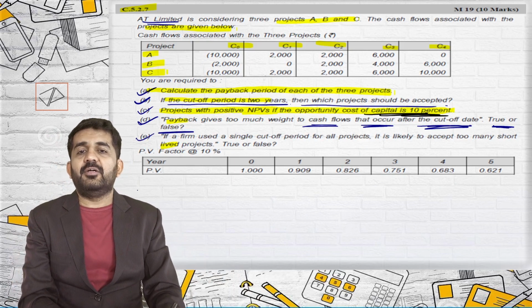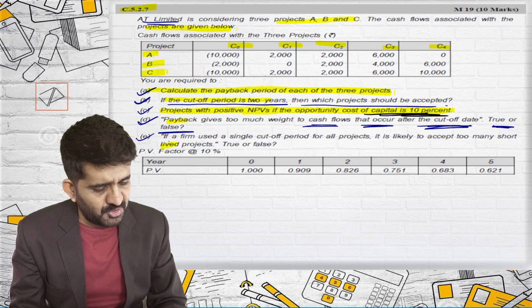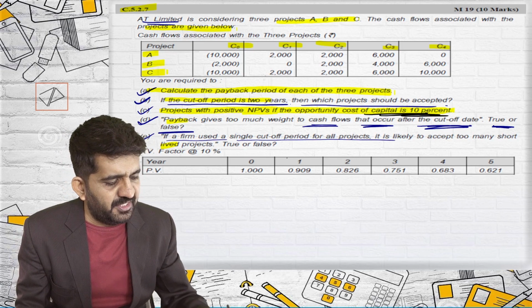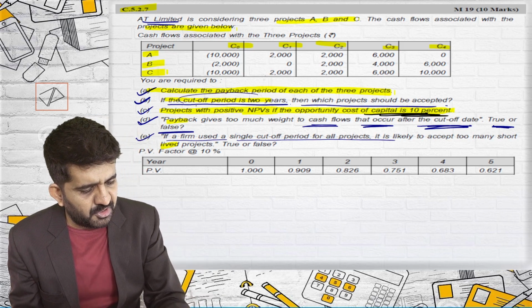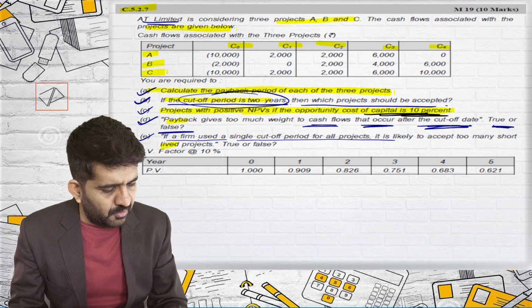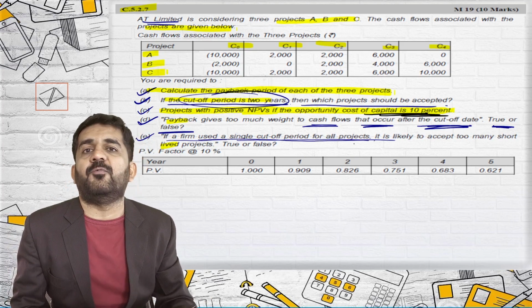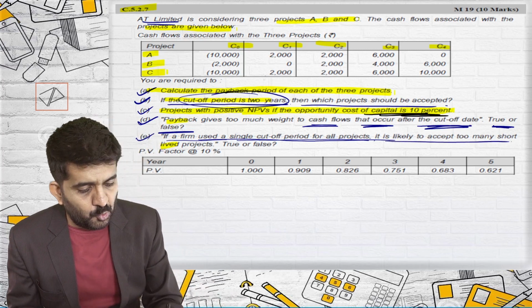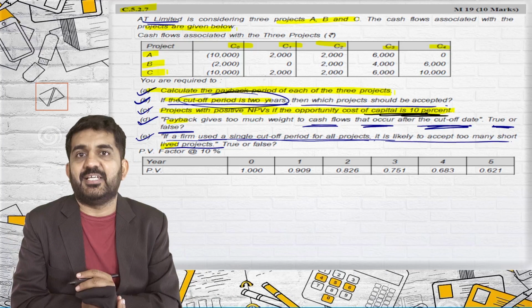And now they are asking one more comment. If a firm uses a single cutoff period for all projects, see, what was the cutoff period for the company? 2 years. They are saying if the firm uses a single cutoff period for all projects, it is likely to accept too many short-lived projects.